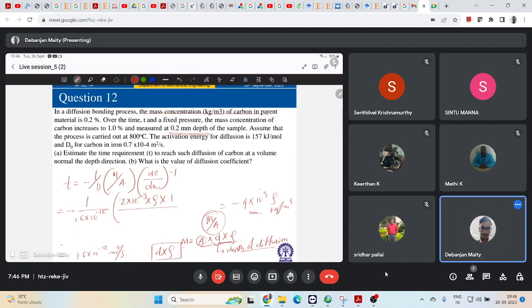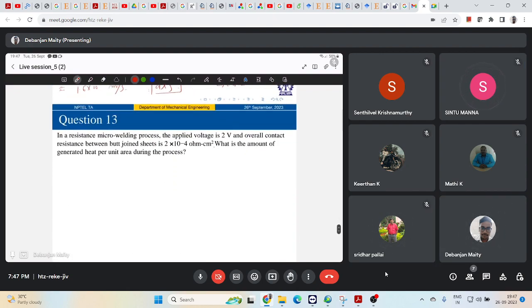So 1 by minus 4 into 10 cube into rho, right? So I'm not getting to the answer, this will take time. So up to this, are you agreed or not? Okay, sir. Yes, sir. Okay, so let's move to the last one.